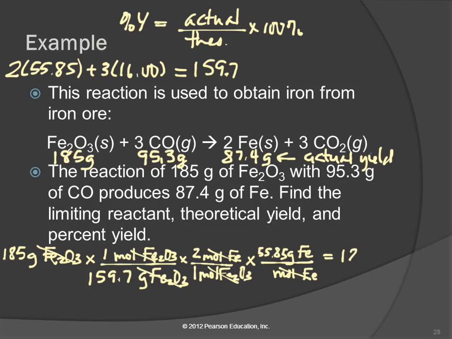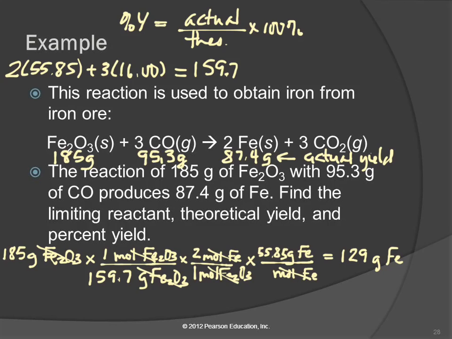And so I come up with 129 grams of iron. That's more than the actual yield, isn't it? And that's generally what we expect, that the theoretical yield is going to be more. So that's half of it.